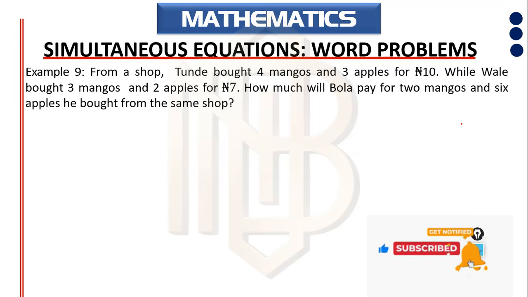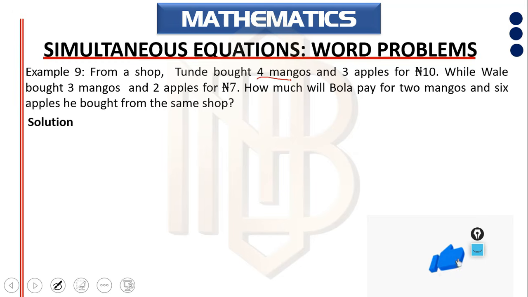So the first thing is to interpret. Tunde bought 4 mangoes. So we will call our mango M and use A to represent apple. For 10 naira, meaning 4 in the multiple of the value of 1 mango.